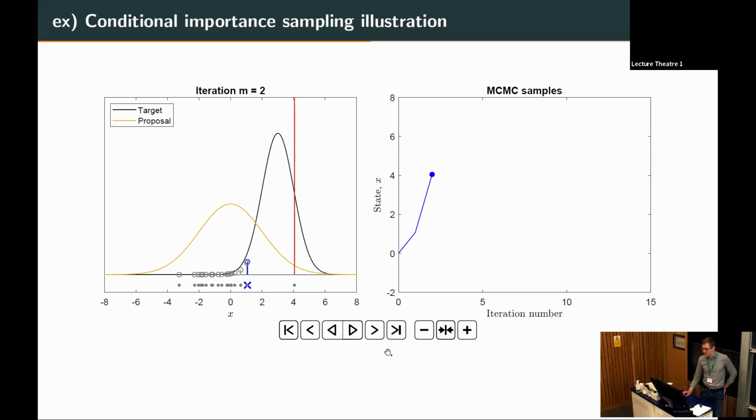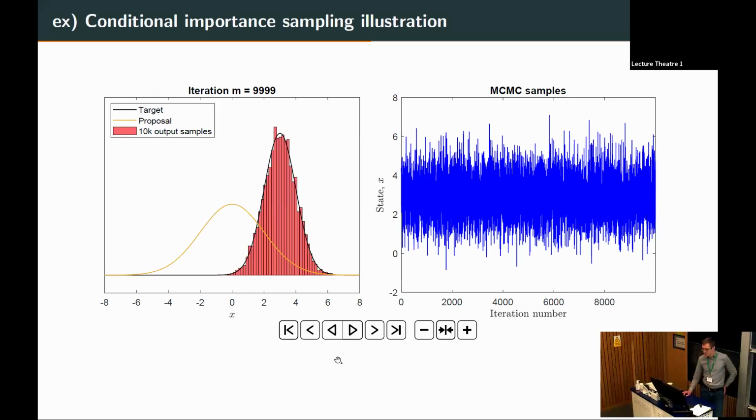But if we keep doing this, even with this mismatch, and continue for sufficiently long, and I look at the histogram over all the states that I got out from this procedure, it will actually approximate the target. So what I'm hinting at here is that this is indeed a correct, valid MCMC kernel for the target.